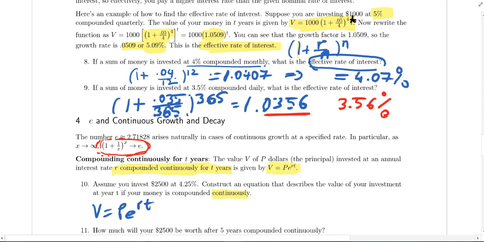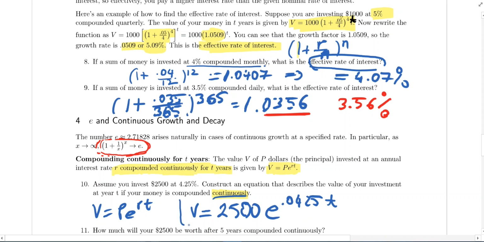Every time. So then the value of your money, V, is going to be 2,500 because your principal is P, times e to the power, R is 4.25%, so it'll be 0.0425 times T.